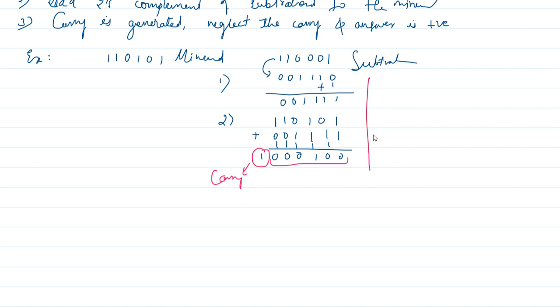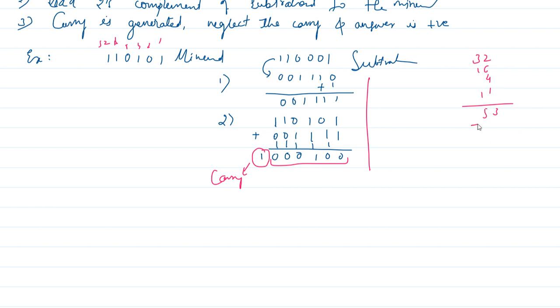You just cross verify it. What does the minuend say now? 1 2 4 8 16 32. You add 32, 16, next 4 and 1. This is 53.